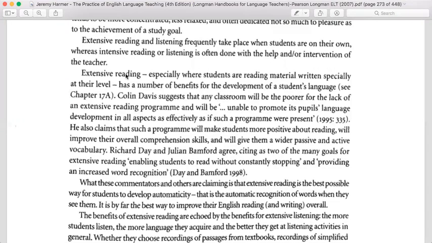They should be given such ample practice with the language that they are able to comprehend it with only one listening. Okay, so that's the recommended thing.